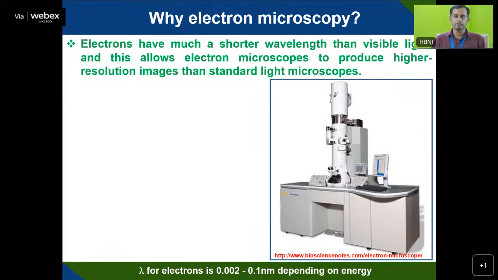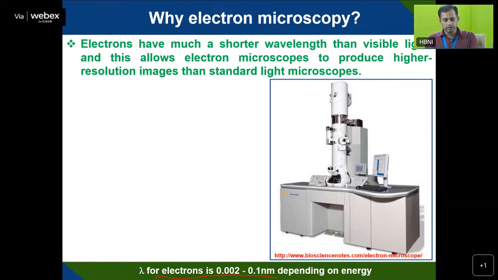Electron wavelength being very small allows the electron microscope to produce very high resolution images compared to the standard microscope, where the wavelength is quite large. Lambda for electron is 0.002 to 0.1 nanometer depending upon the energy. As I told, in case of TEM it's 0.0025 nanometer if you go for a 200 keV TEM microscope.